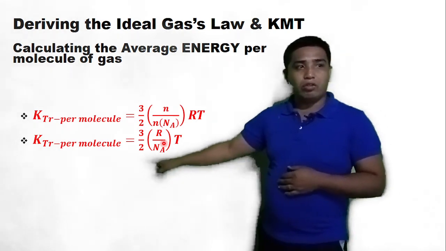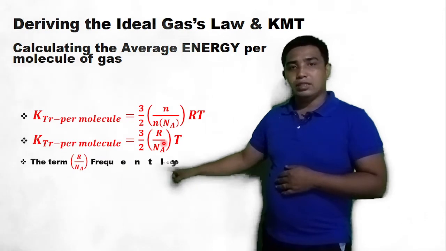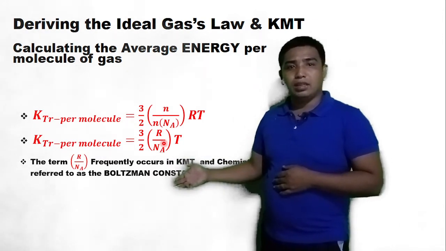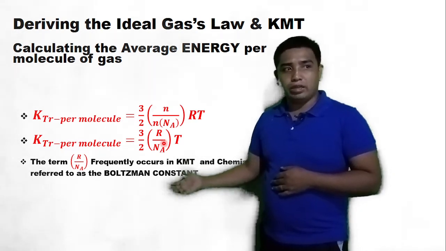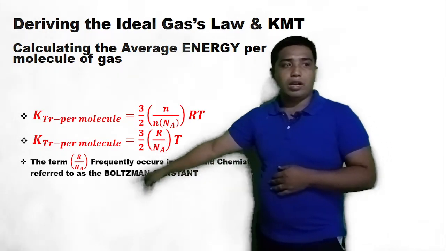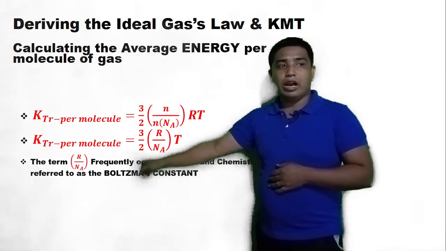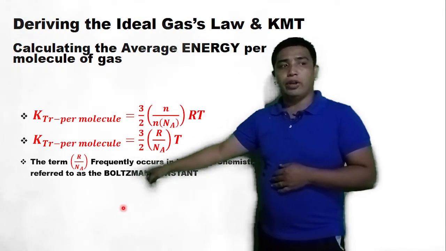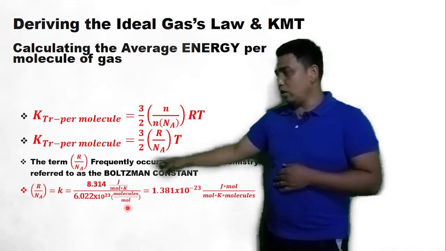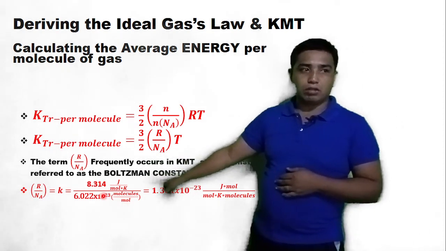And R over N sub A frequently occurs in chemistry and in kinetic molecular theory, and this is called the Boltzmann constant. So N over N sub A, or R over N sub A, is equivalent to k, the Boltzmann constant, and we can solve for its value here.